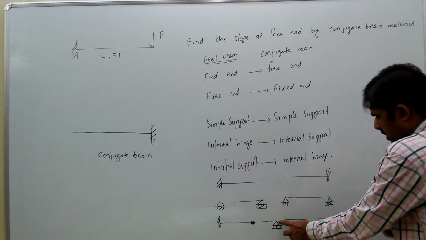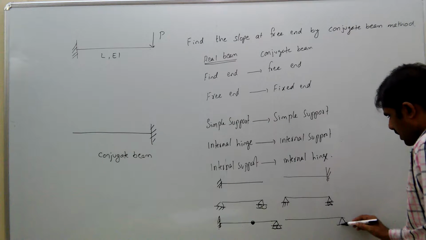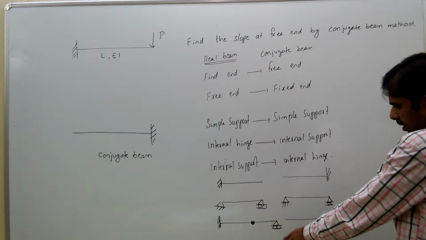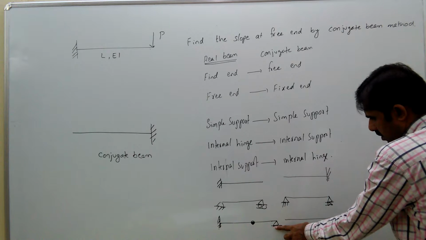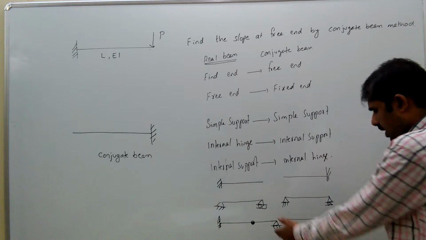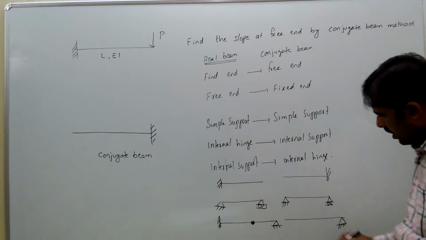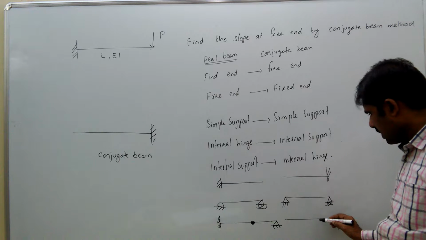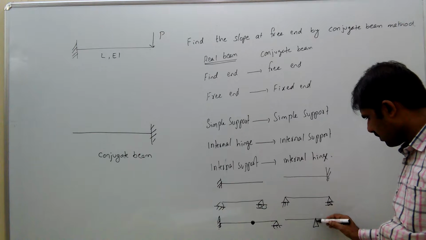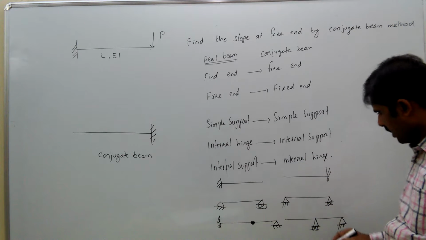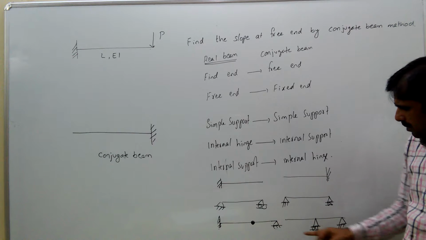This end simple support will be end simple support only. Okay, roller or hinge not a problem, that will be the same. And internal hinge becomes internal support like this. Internal hinge becomes internal support.